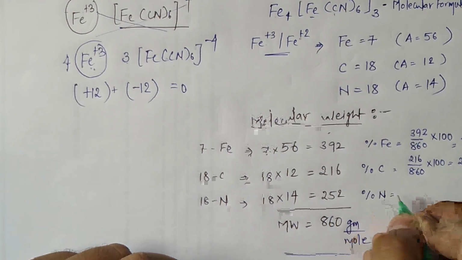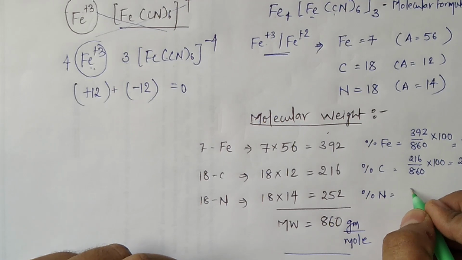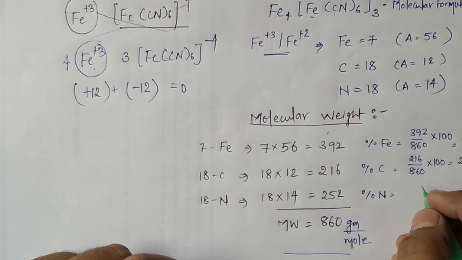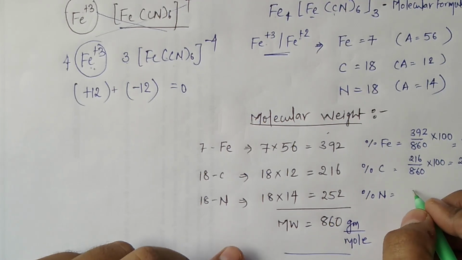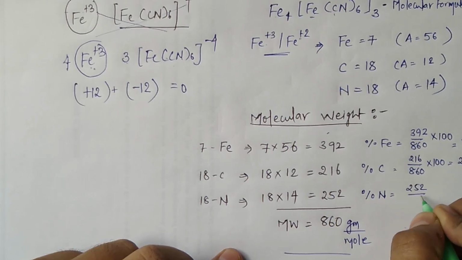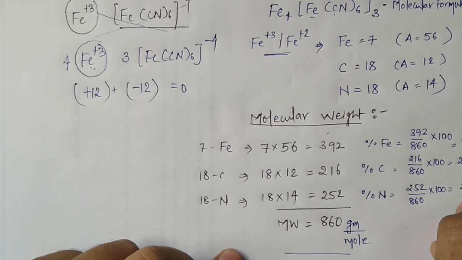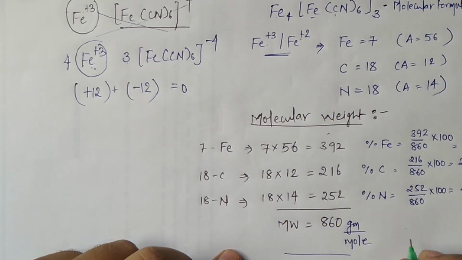Percentage of nitrogen will be equal to 252 divided by 860 into 100, that will come around 29.30 something.